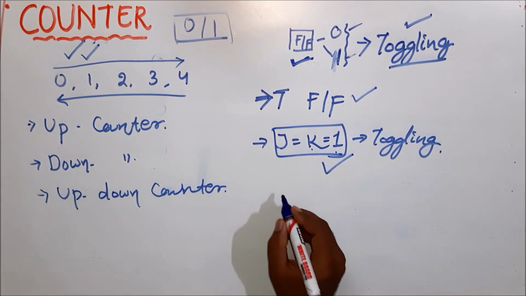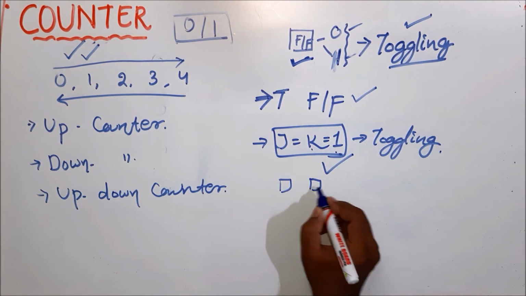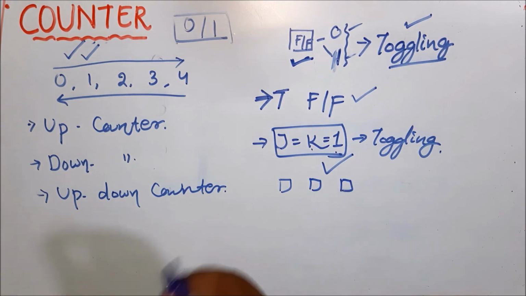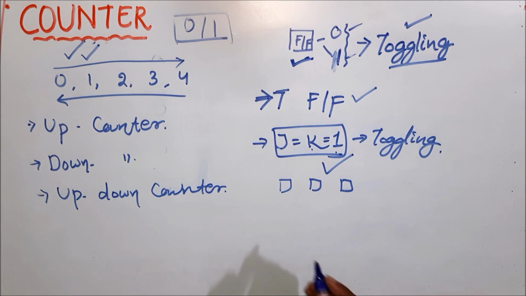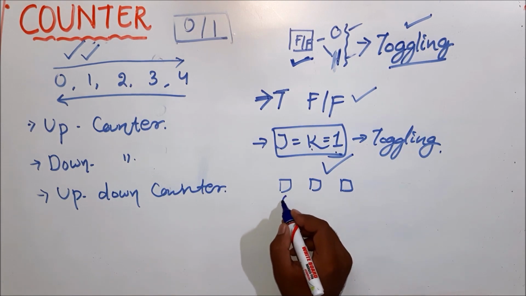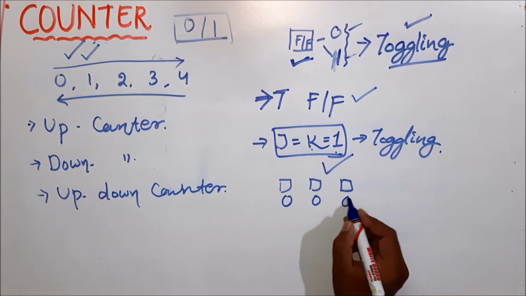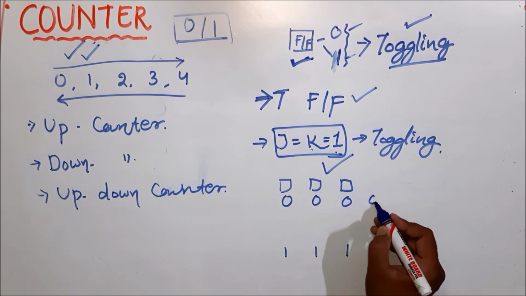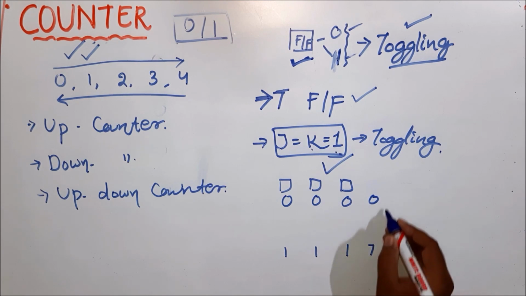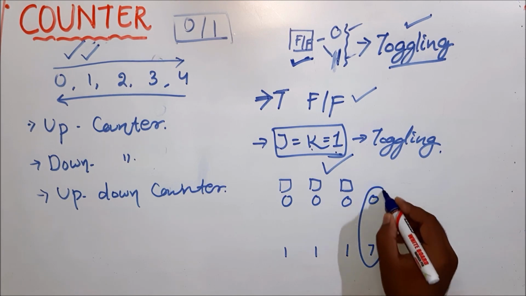For example, let us consider I have used 3 flip-flops to design a counter. That means these 3 flip-flops can count from 0, 0, 0 to 1, 1, 1. That means it can count from decimal 0 to decimal 7.